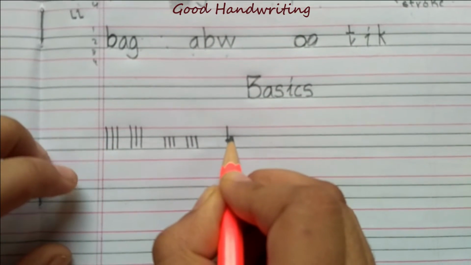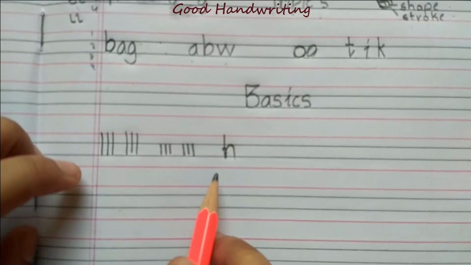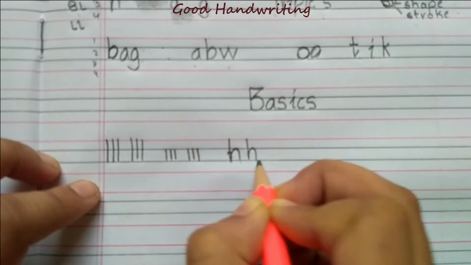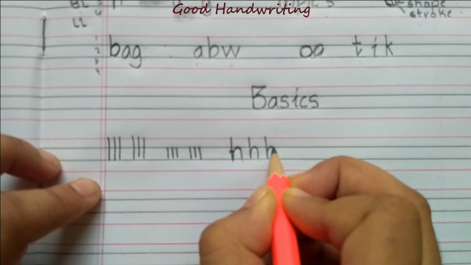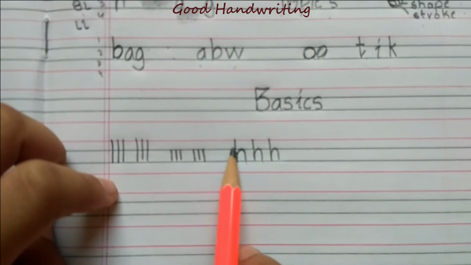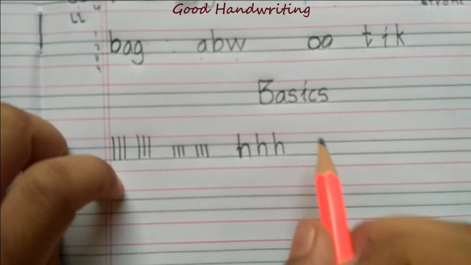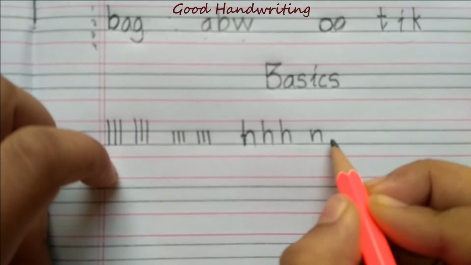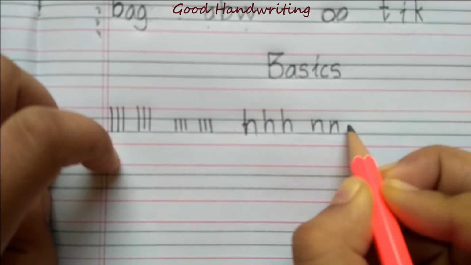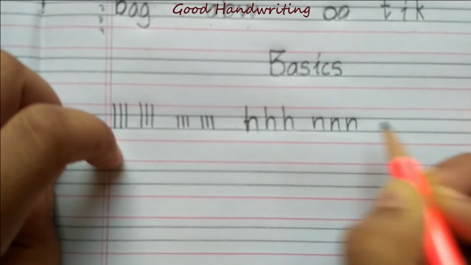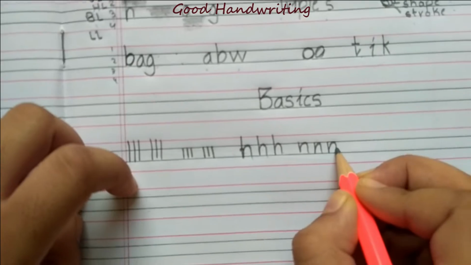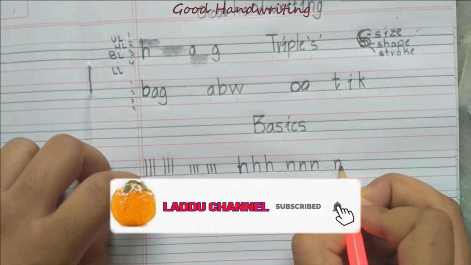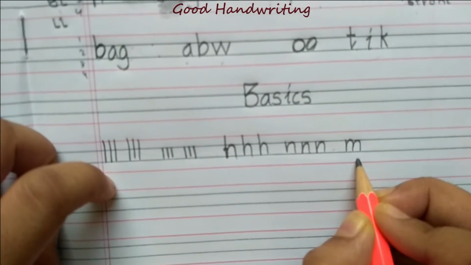And you turn here, the letter H. In the half of the letter H, the letter N. Like this you have to write neatly. If you give one more turn here, the letter M. See the letter M.